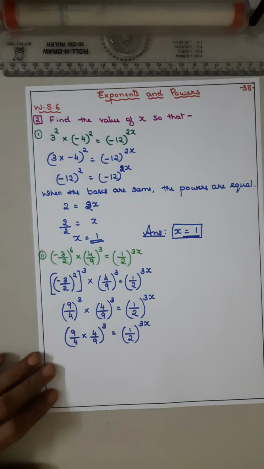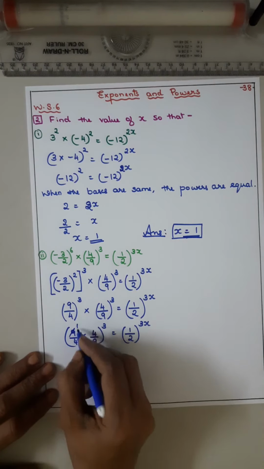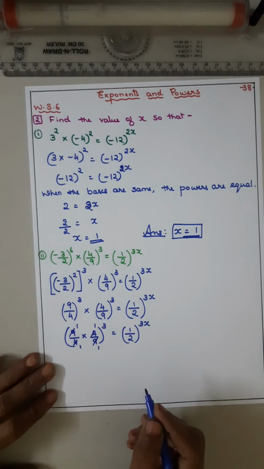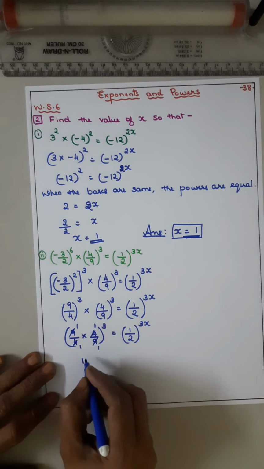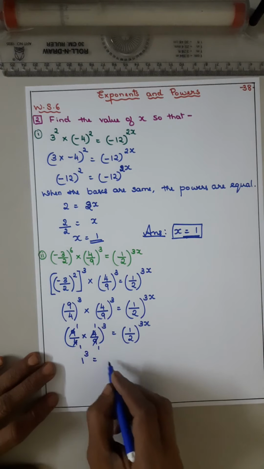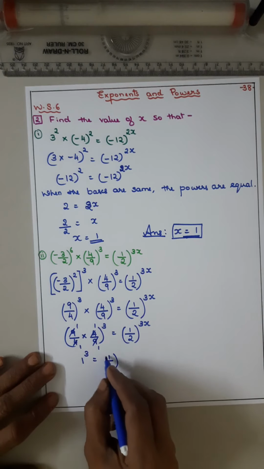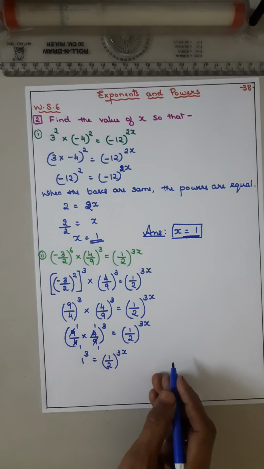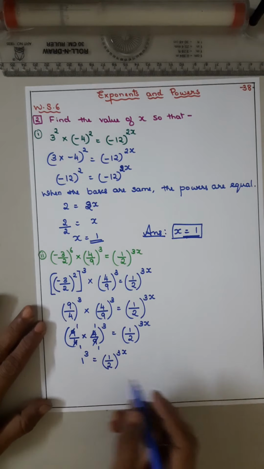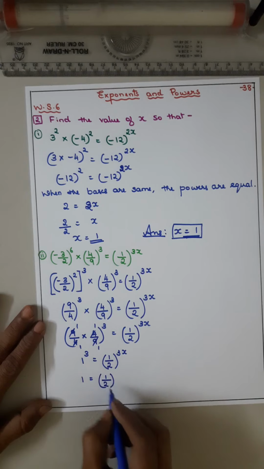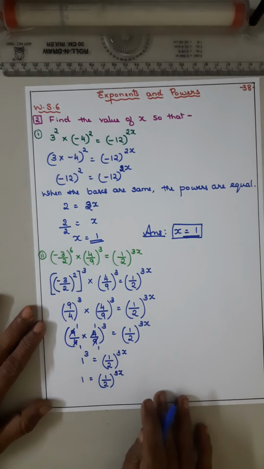Okay, now it will be how much? 9 ones are 9, 4 ones are 4. How much you got? 1. Total it is 1. Cube is equal to 1 by 2, the whole raised to 3x. Now 1 cube means how much? It is 1 is equal to 1 by 2, the whole raised to 3x.